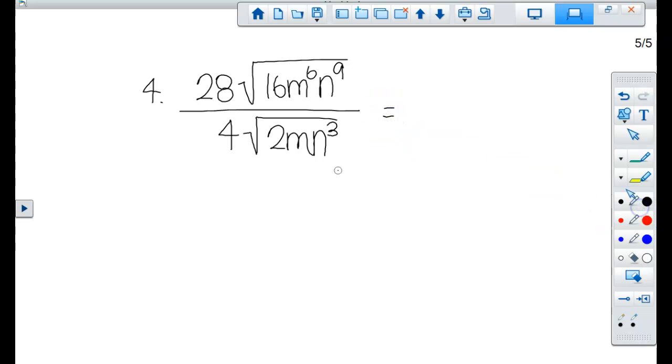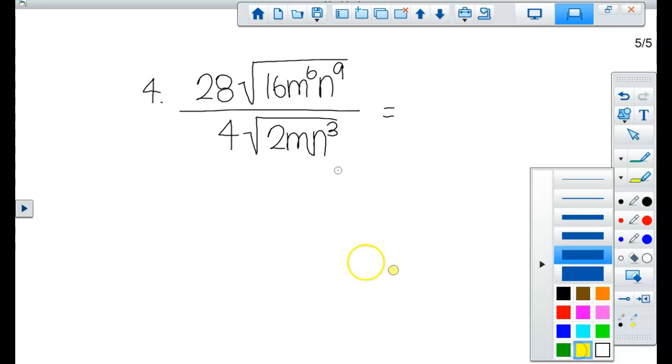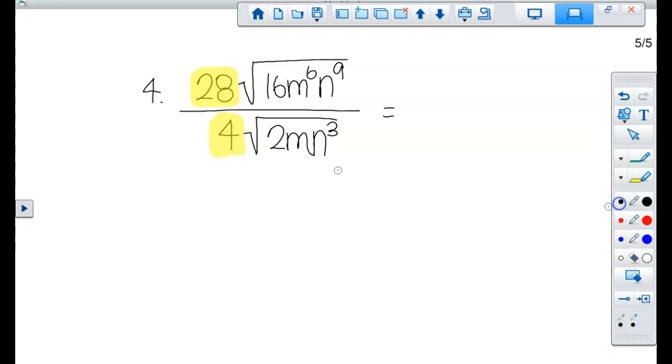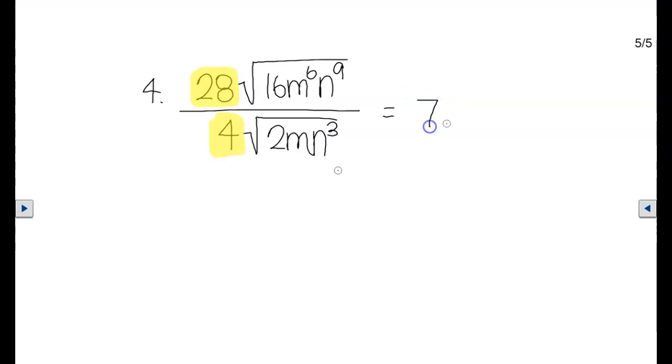Okay, so to do this division problem, we will start with the outsides. When we divide the outsides, 28 divided by 4 will give us 7.